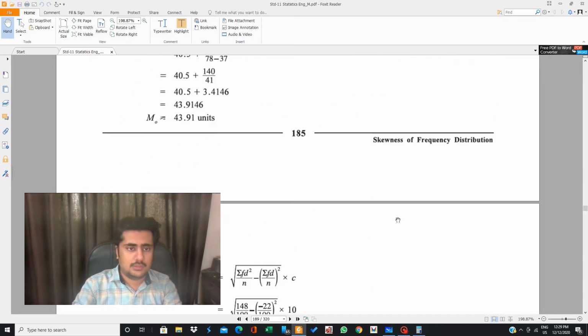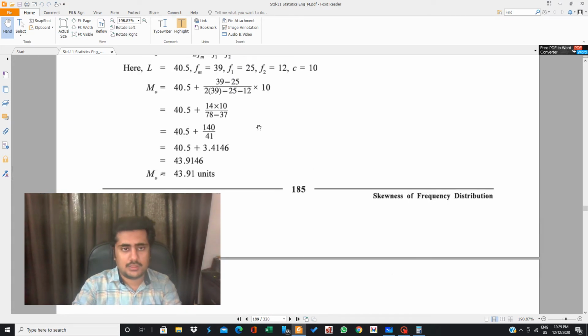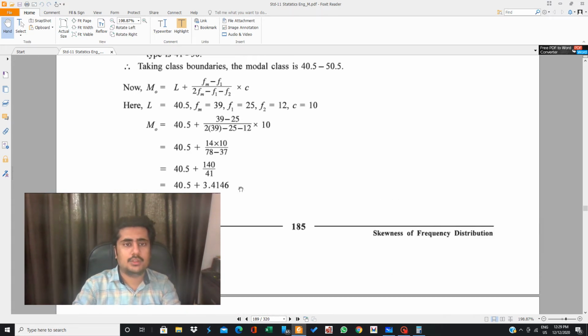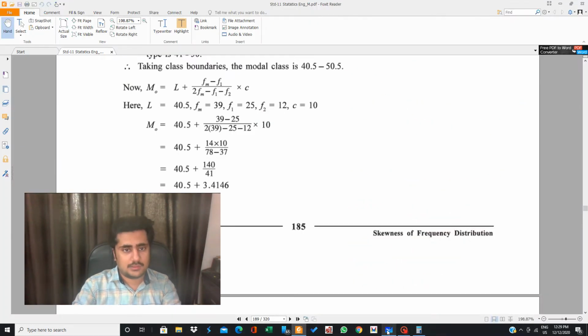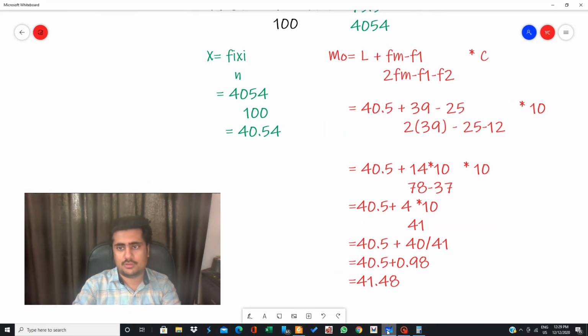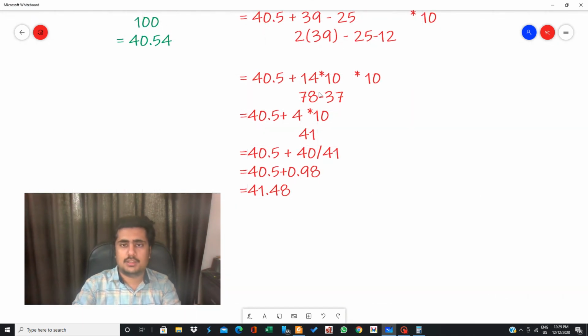There is some mistake in mode. As per the textbook, the answer is 43.91, and our answer was a bit different. So let us check. There may be some mistake. Yes, the mistake is here.